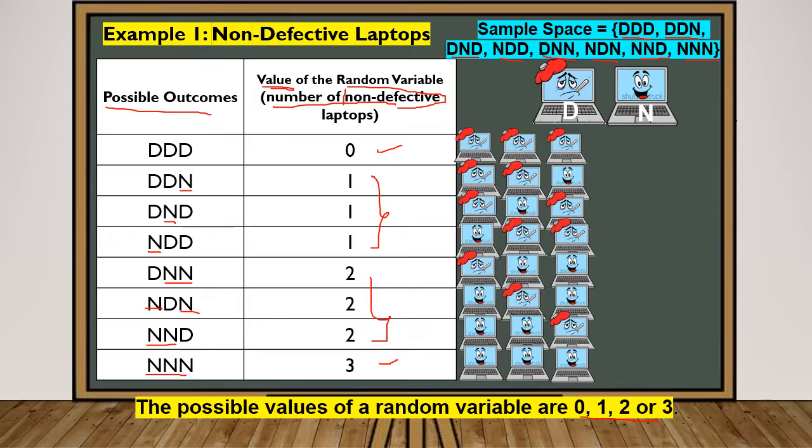Because only 3 laptops are tested, it is not possible to have a value of 4. That is why the maximum value of the number of non-defective laptops is only 3. I hope it is clear with you.